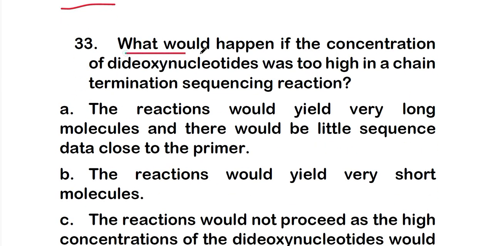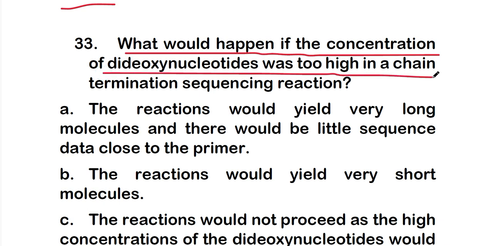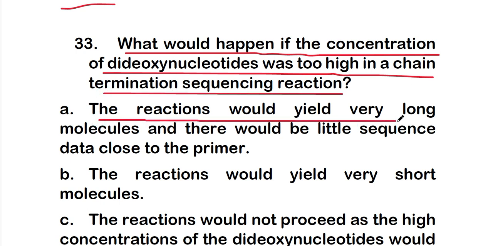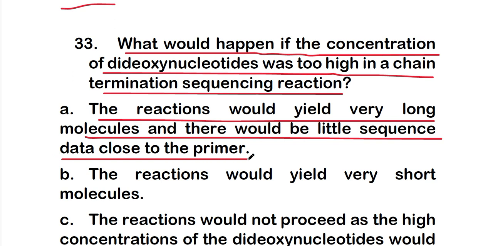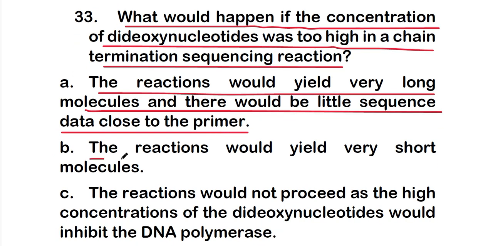What would happen if the concentration of dideoxynucleotides was too high in a chain termination sequencing reaction? The options are: option A, the reactions would yield very long molecules and there would be little sequence data close to the primer. Option B, the reactions would yield very short molecules.